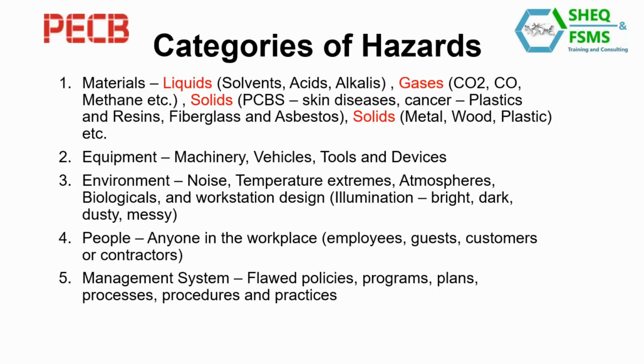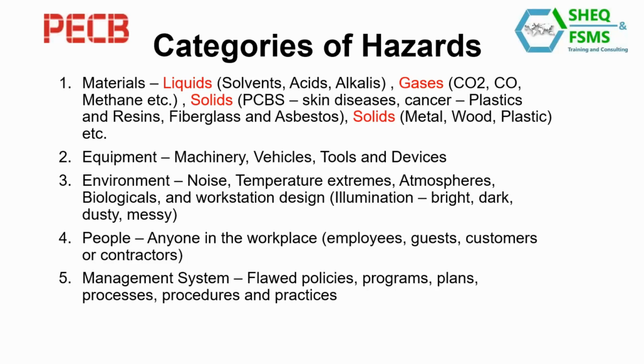They comprise liquids like solvents, acids, and alkalis, and gases such as carbon dioxide, carbon monoxide, methane, etc. Within the materials we also have solids, such as PCBs, which is polychlorinated biphenyls, which cause skin diseases and are carcinogenic. We have also plastics and resins, fiber, glass, and asbestos. Within the materials, we also have such solids as metal, wood, plastic, etc.